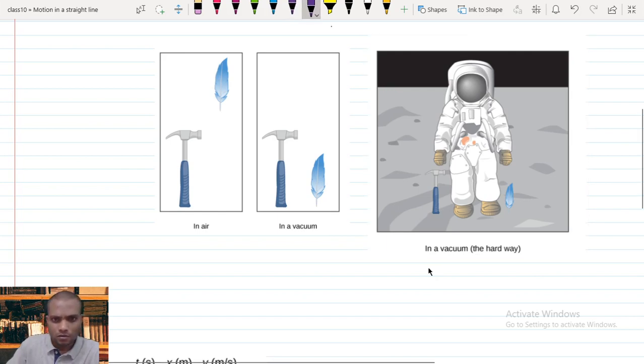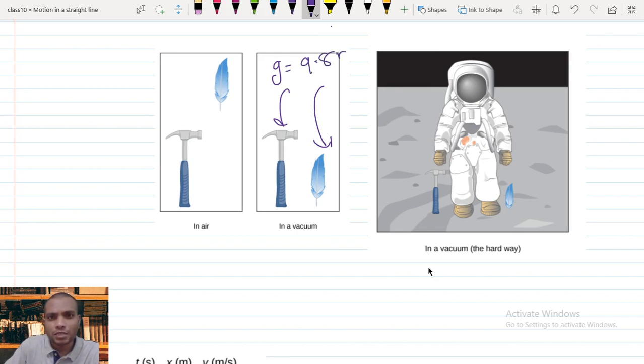So in this case, the acceleration due to gravity on earth, we will represent its magnitude as 9.8 meter per second square. That is the acceleration due to gravity, its magnitude. These objects are falling due to only gravity.